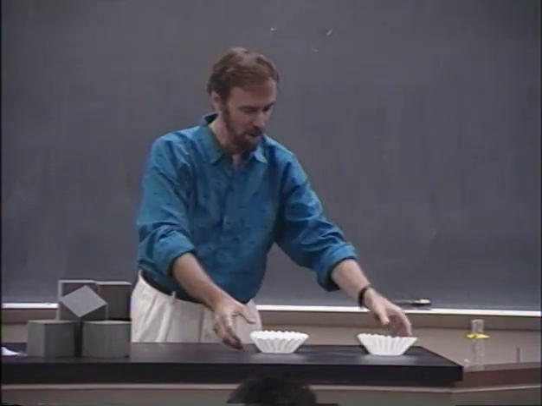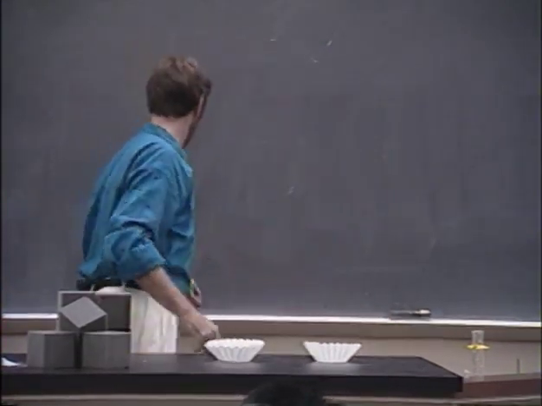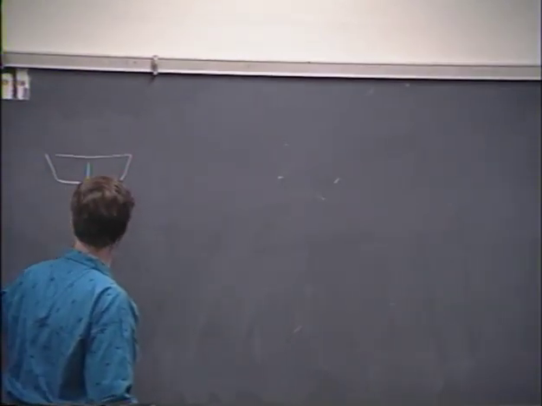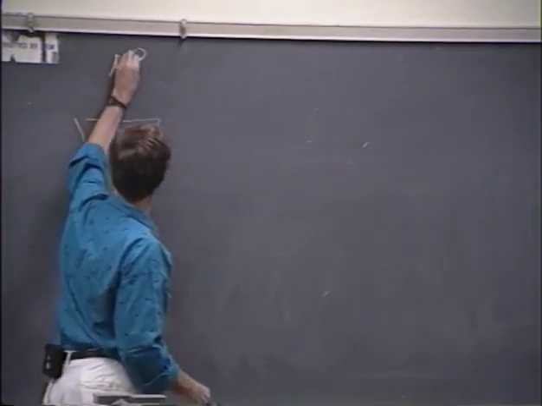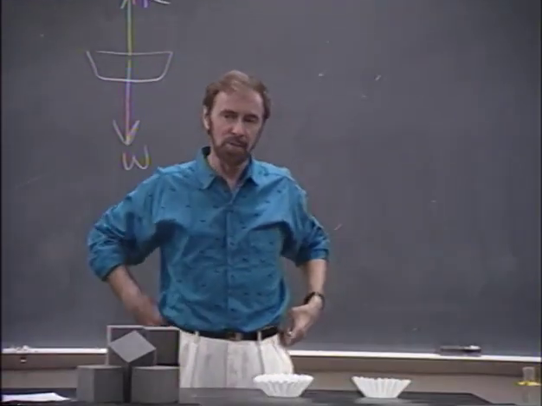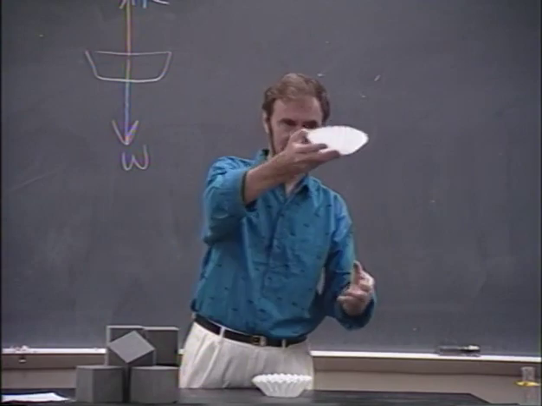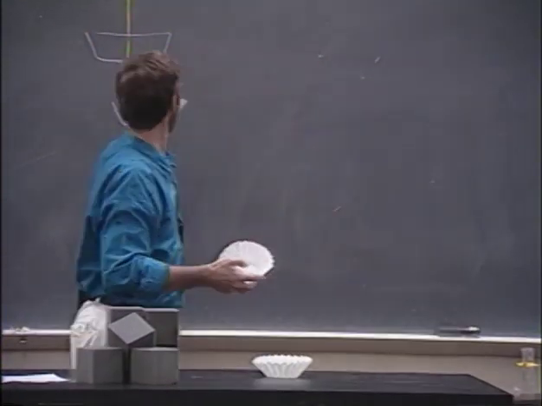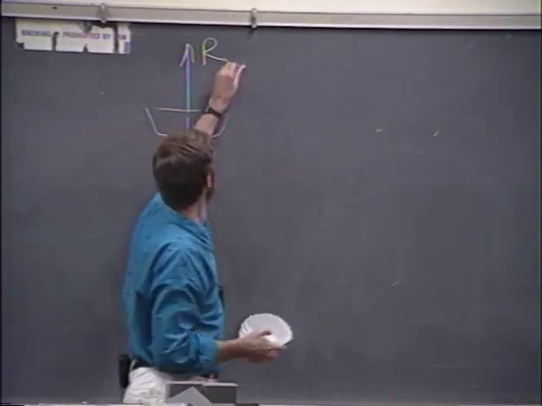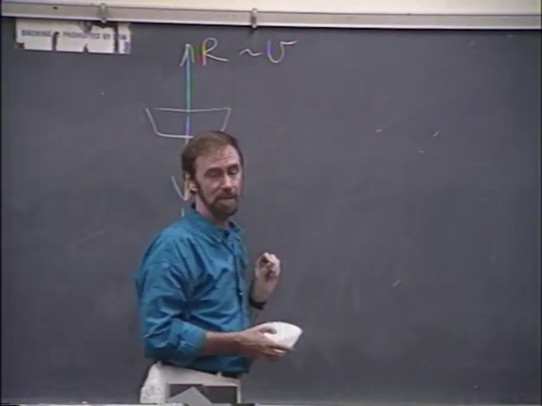Okay? Now, here's the thing we got to look at. There's the weight, and there's the resistance. When these things fall, they reach their terminal velocity very, very quickly. Now, that resistance depends upon how fast it's going. Maybe that resistance is proportional to the speed.